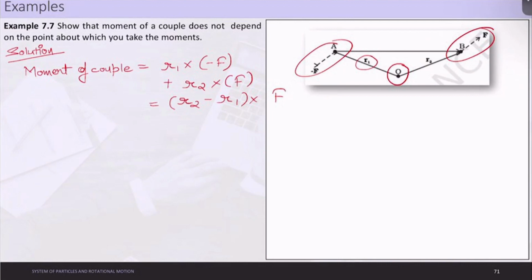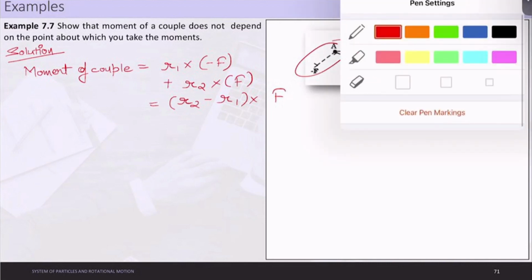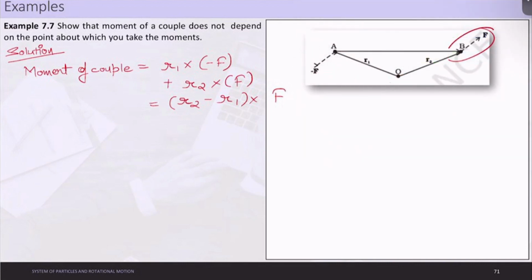So it only depends on, now look at this diagram very clearly. What is the direction of R2? R2 is this, right? What is the direction of R1? R1 is this. Okay, then what is the direction of minus R1? Minus R1 is this.